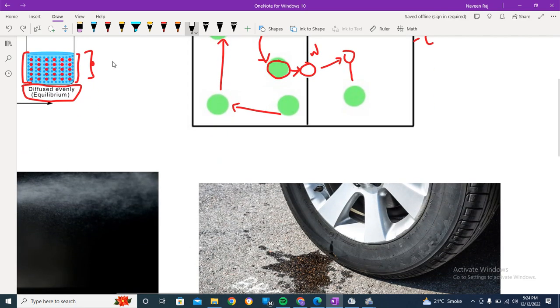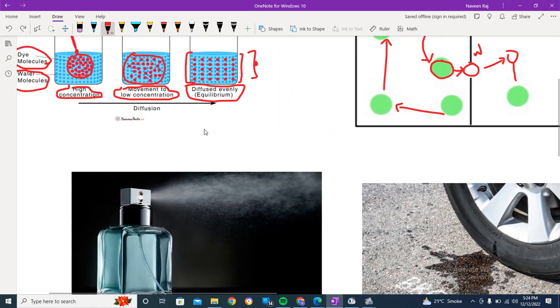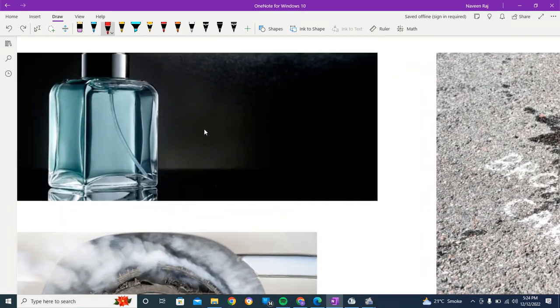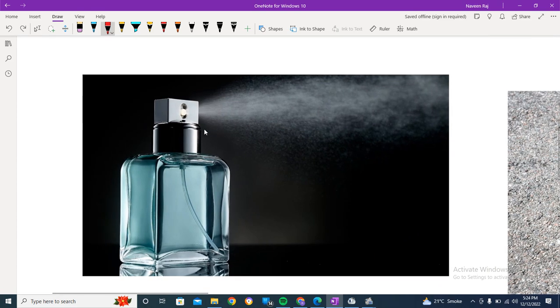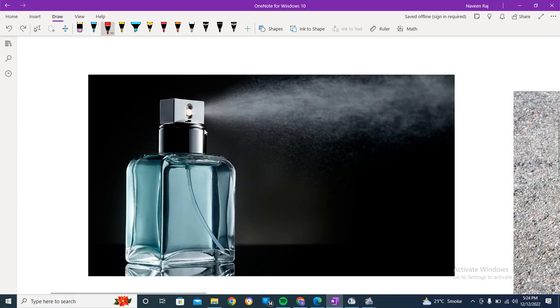Now let's get into more diagrams to make you more clear. Here we have got a beautiful perfume. I don't know what company it is, but let's understand the concept related to it. When you see, here is a small hole in the middle of the perfume. As I told you, the movement of the particles from a region of higher concentration to a region of low concentration through the small hole is termed as effusion.